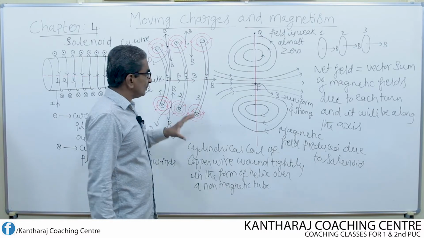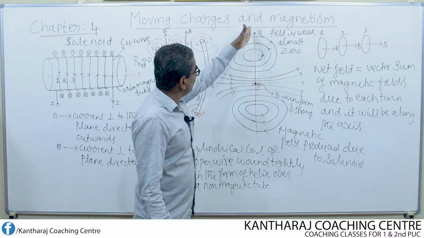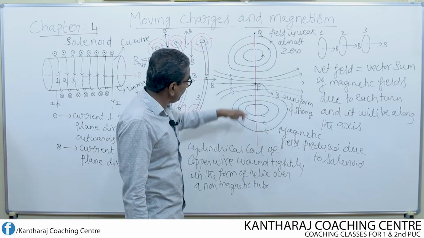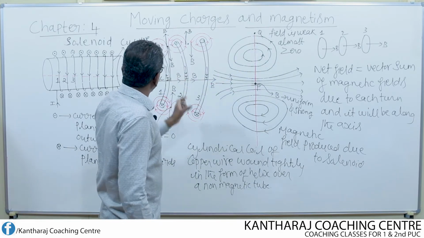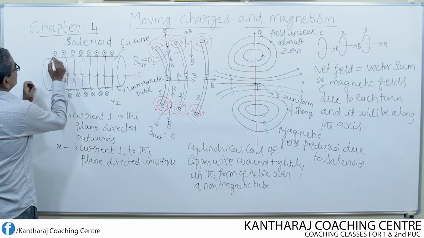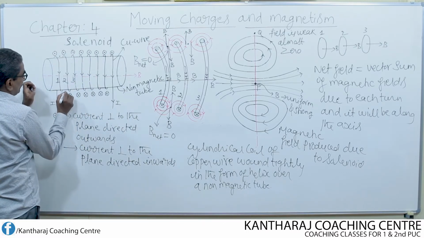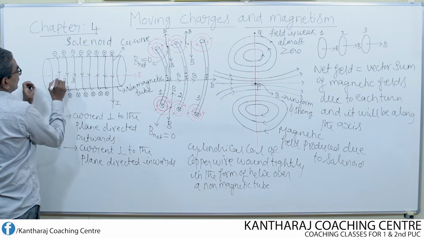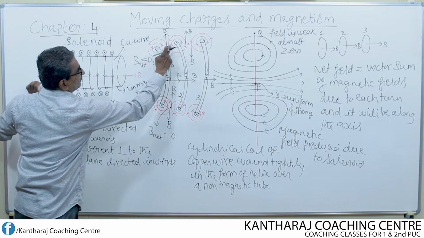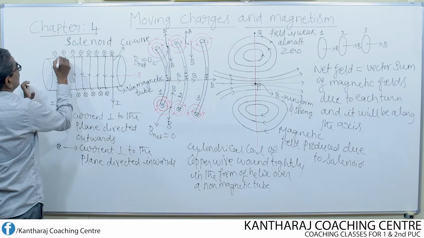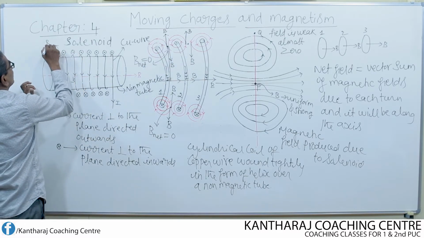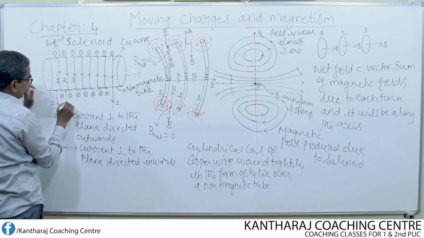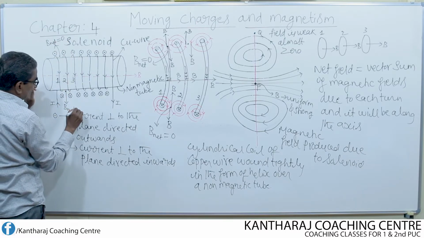So the field exists only along the axis. Outside it is 0. Then in a perpendicular direction between any two turns, that means here at this point as well as at this point, between turn 1 and turn 2, B net is 0. Again between this turn and this turn, the net field is equal to 0.